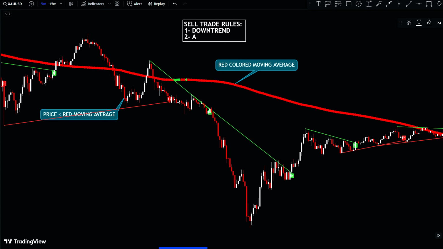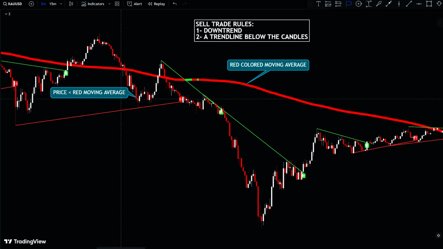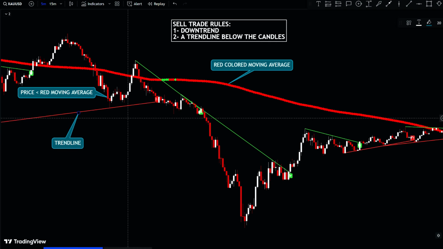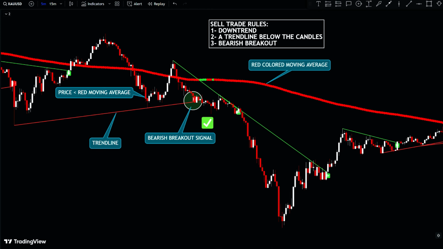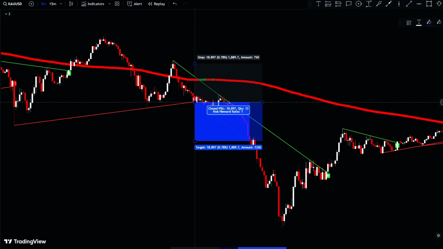Next, we'll look for a trend line positioned below the candlesticks, pointing in the direction of the downtrend. The second signal strengthens the possibility of a profitable sell trade. The crucial moment occurs when the price breaks through the trend line, accompanied by a red break signal. This indicates that the bearish momentum has overpowered support, giving us an ideal opportunity to enter a sell trade.